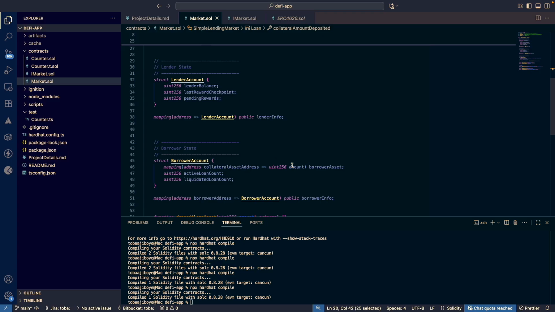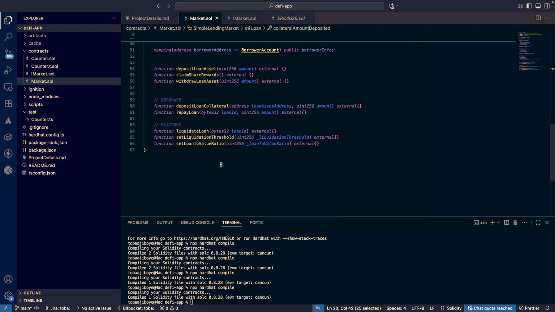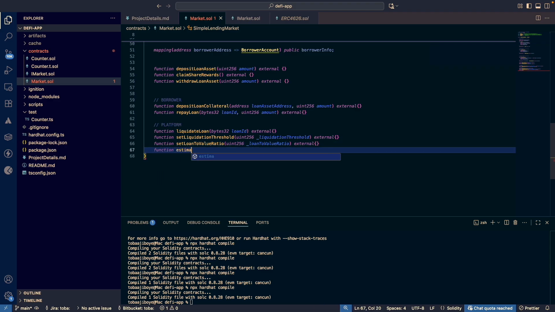Now, just thinking about the price and quantity here, it tells me that I need a function here to calculate price times quantity.